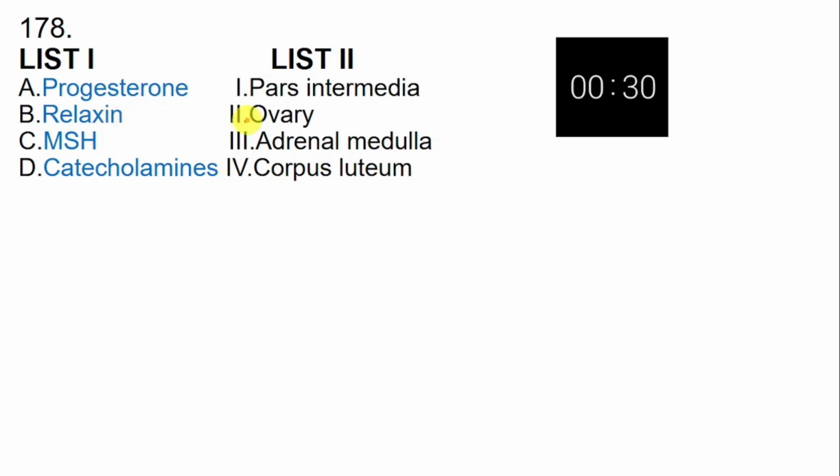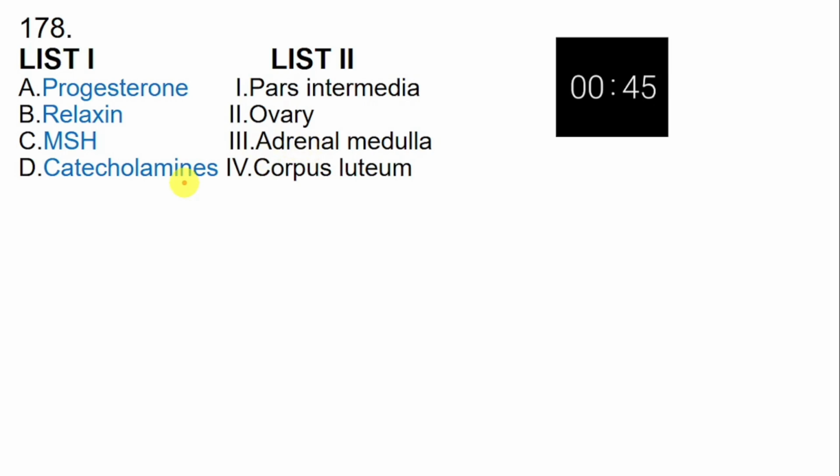So the answer will be ovary. Relaxin is by ovary. MSH is called melanocyte stimulating hormone. It is secreted by pars intermedia, and catecholamines are released by adrenal medulla.